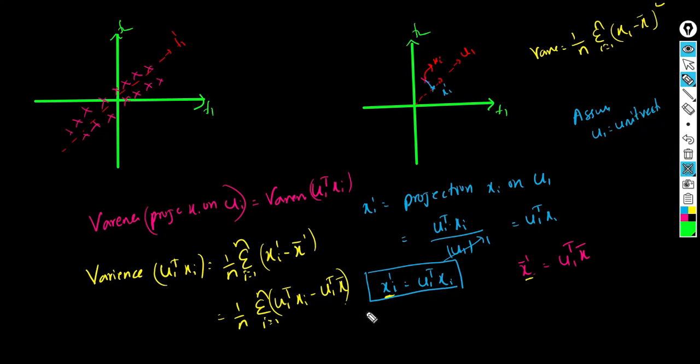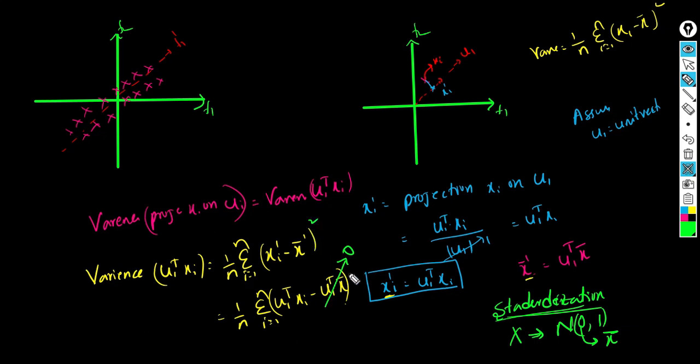We already know that in the pre-processing step we do standardization. By doing standardization we convert the data to a distribution with mean equal to 0 and variance equal to 1. So this whole mean value is going to be 0.